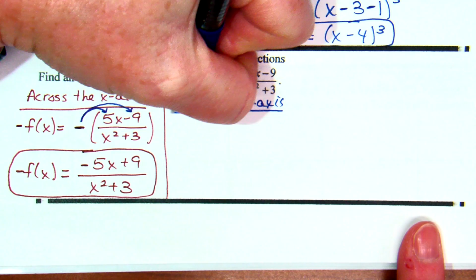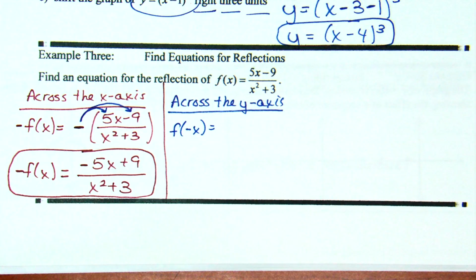Let's try it across the y-axis now, if you would. Up in your rules, what does it say about going across the y-axis? F of negative x. That's coming straight from my rules, right? How does f of negative x work?